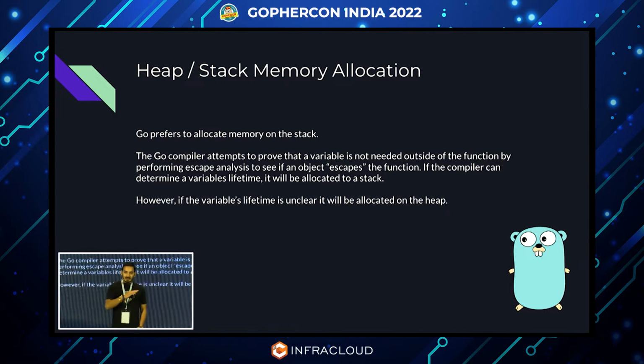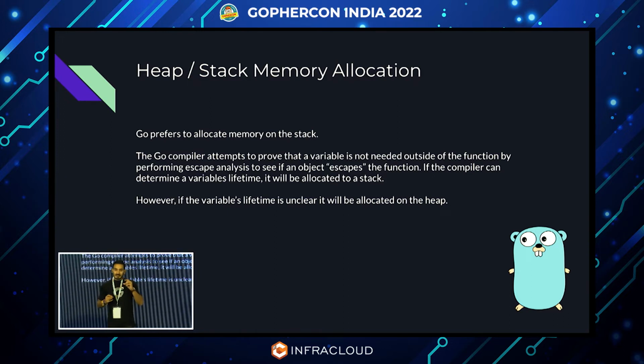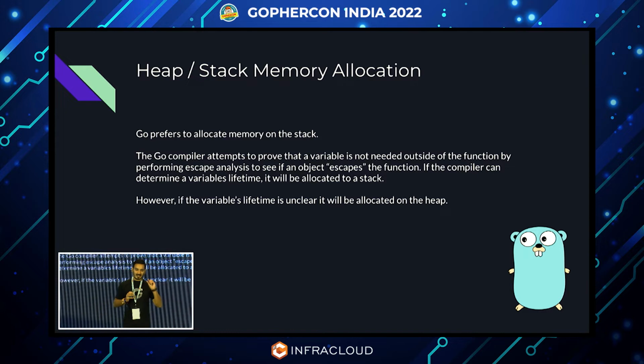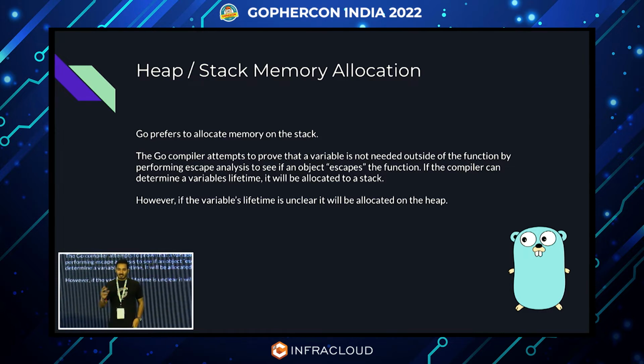How does Go identify whether a variable sits on the stack or the heap? It does an escape analysis. By escape analysis, the compiler tries to identify whether the variable or memory we are allocating has a limited lifespan. If it has a limited lifespan, it tries to allocate on the stack. Otherwise, it tries to allocate on the heap.